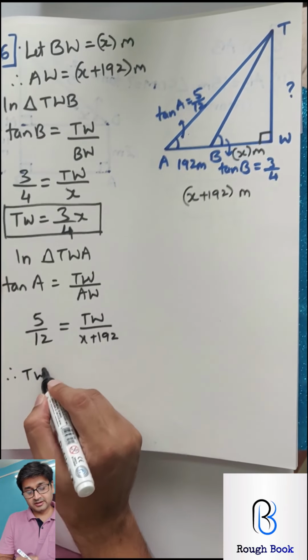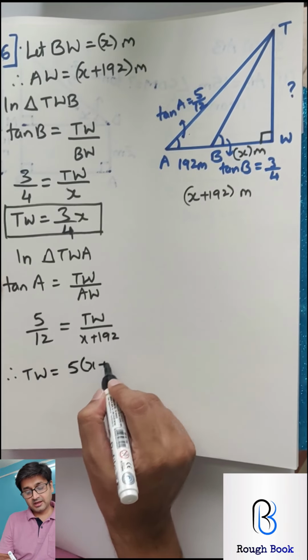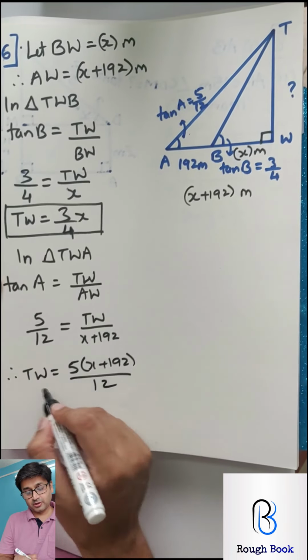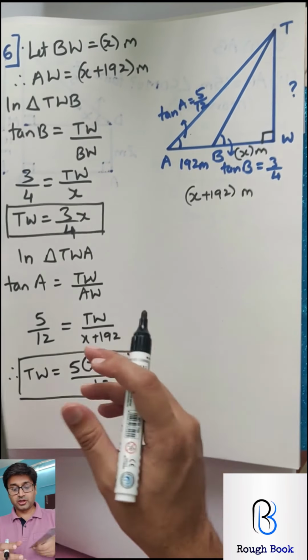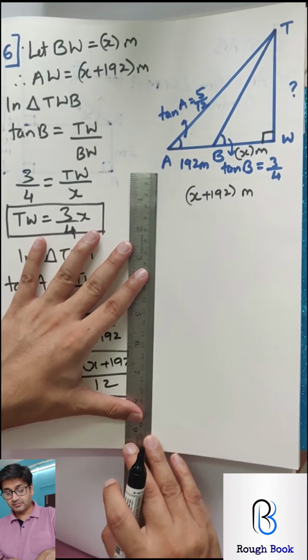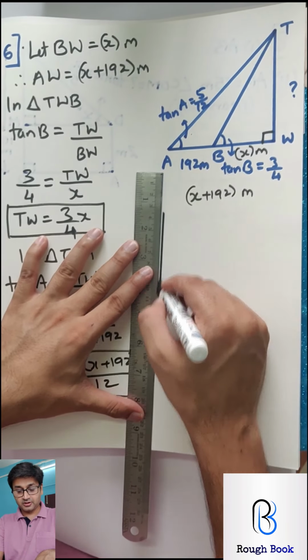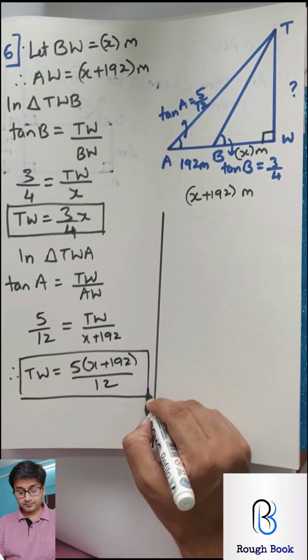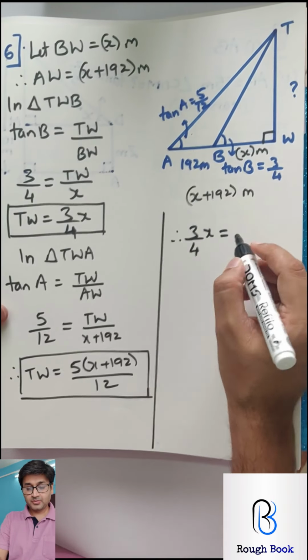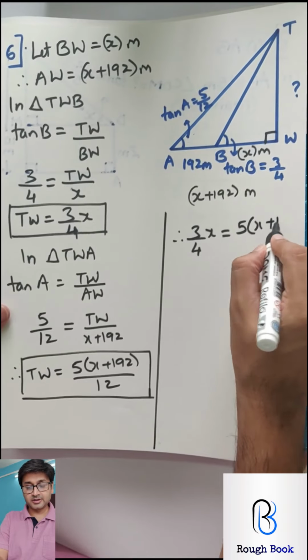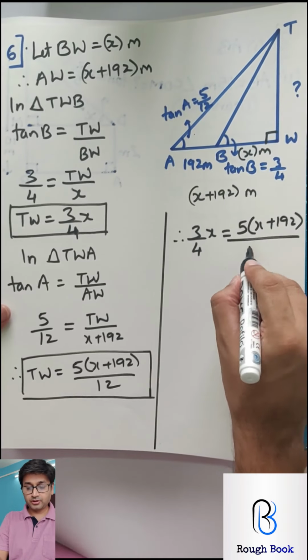So therefore I can say TW is 5 times x plus 192 upon 12. Now both are TW, so we can compare both of them together. So let's draw a line, partition the paper, and then we can do it systematically. So here you go. Therefore 3 by 4 x equals 5 times x plus 192 upon 12.